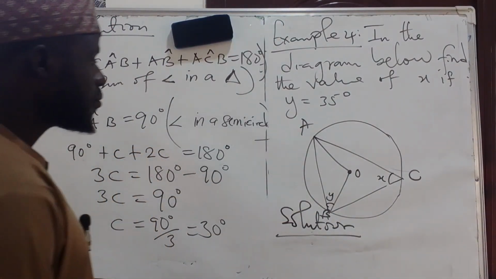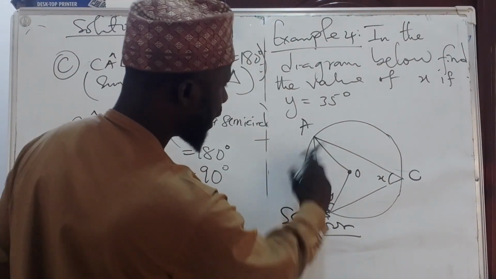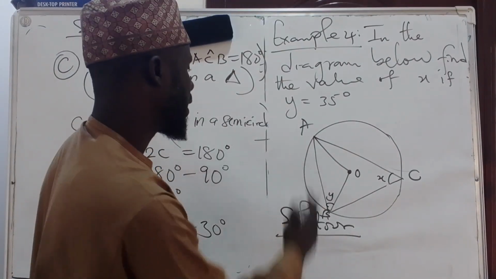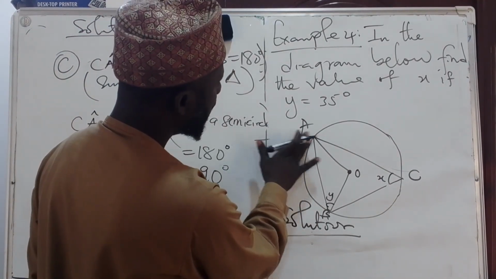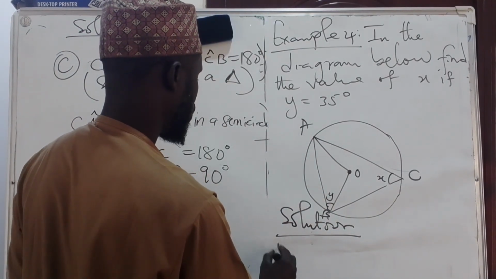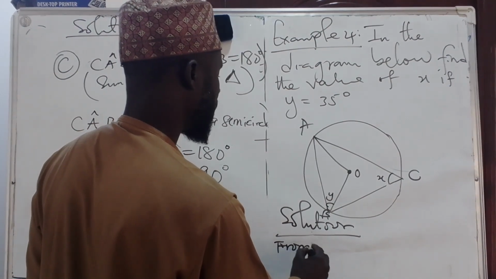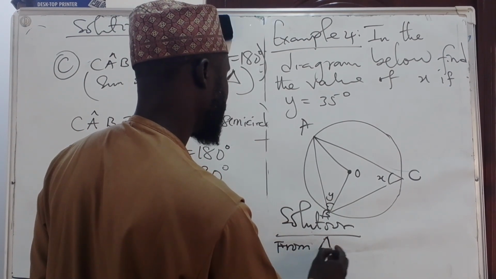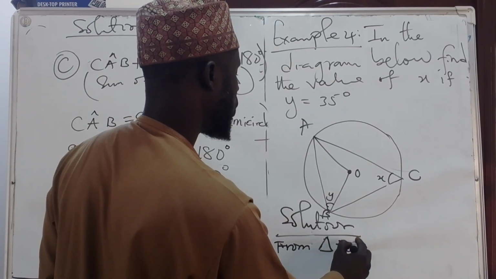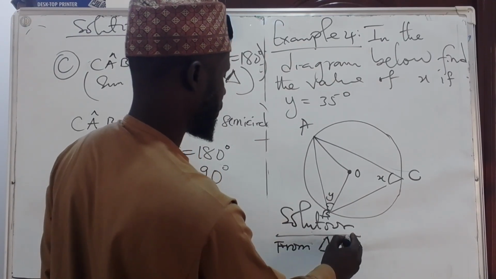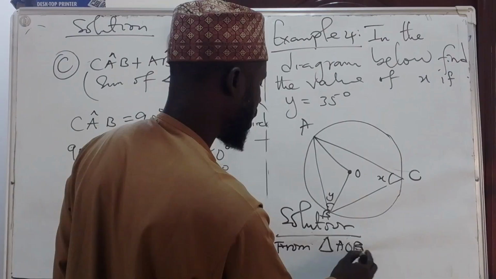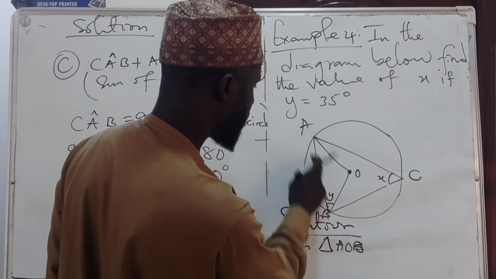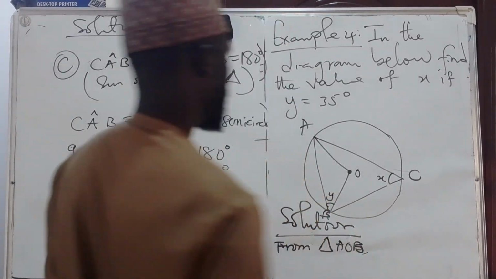Remember, if you look at this critically, from triangle AOB, this smaller triangle, what do we have?